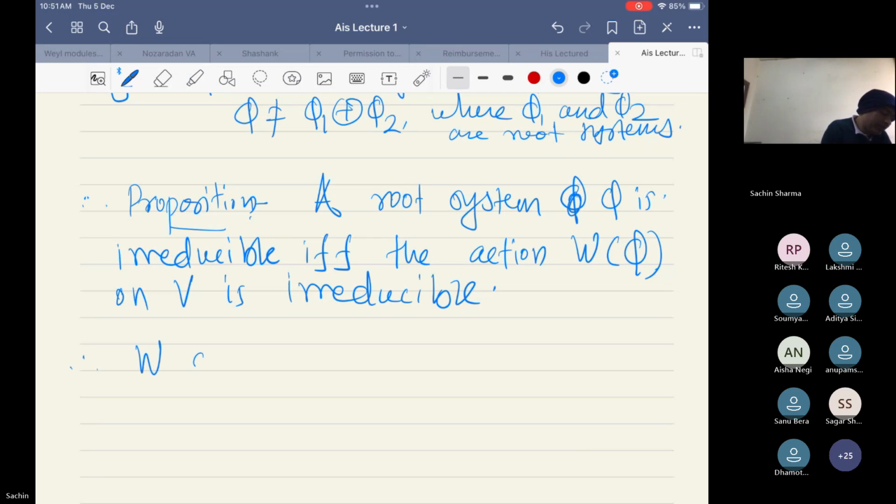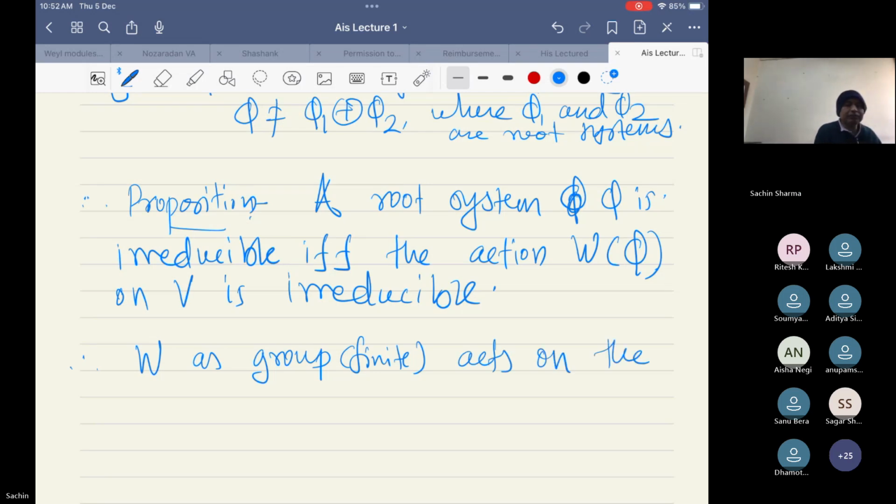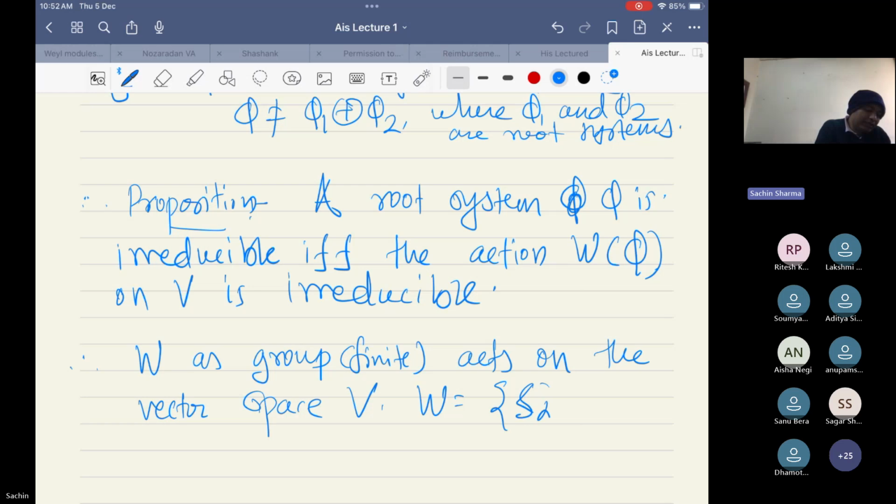W, as a finite group, acts on the vector space V. What is its action? We know that W is generated by the S alphas, for alpha belonging to phi.